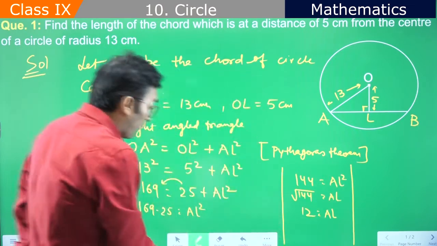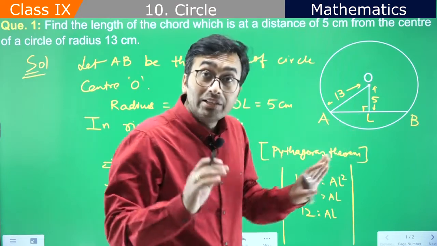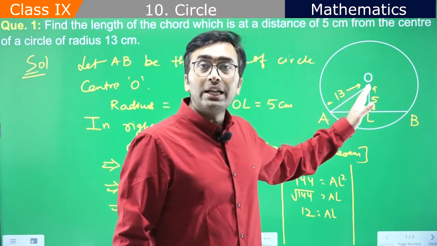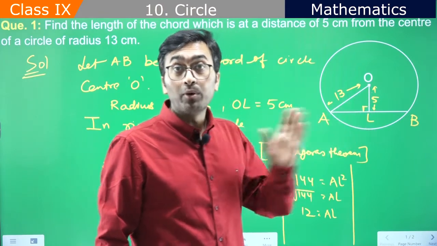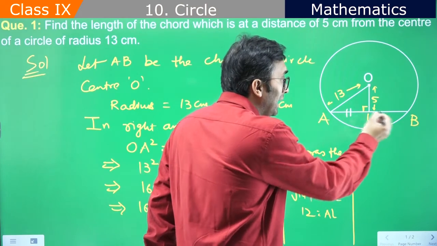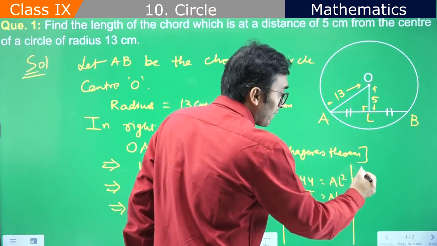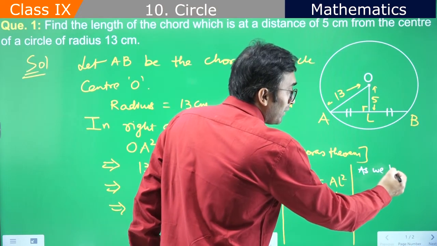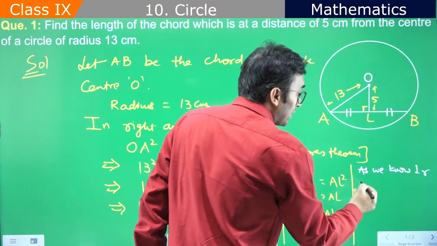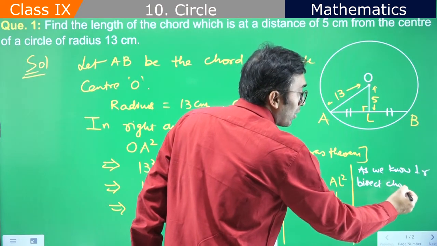Now, as per the theorem we have learned, the perpendicular bisects the chord. It means the length of AL equals the length of LB. Perpendicular bisects chord.